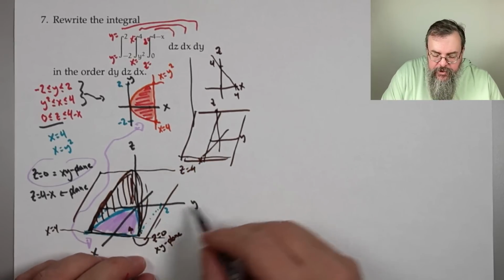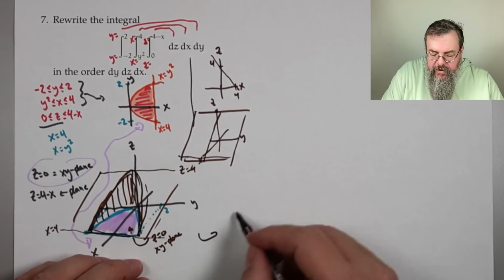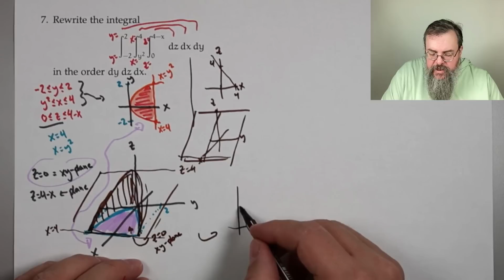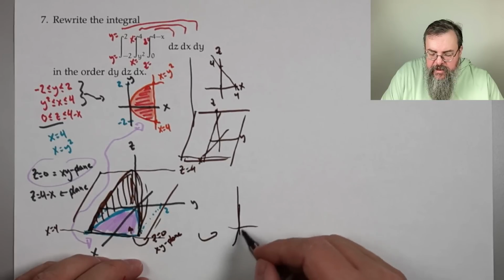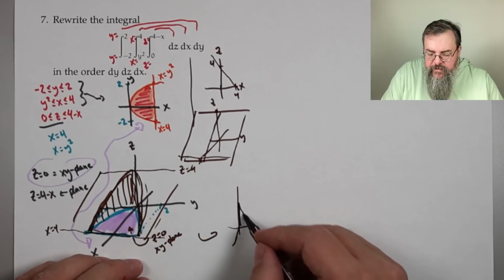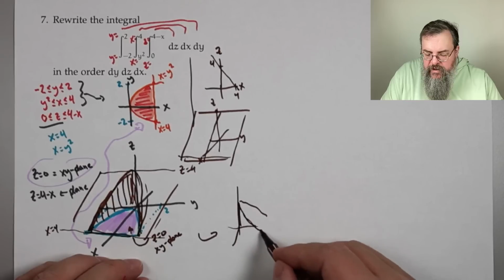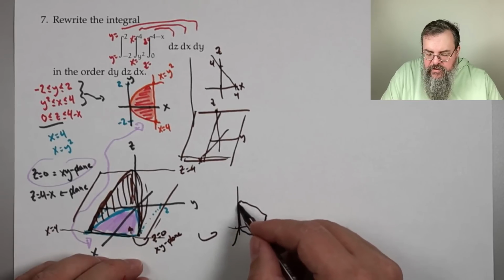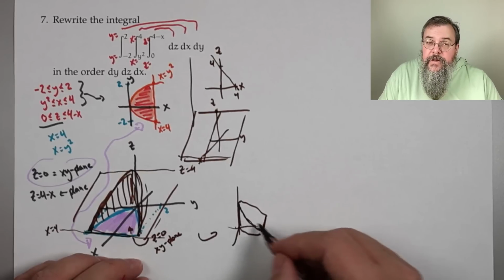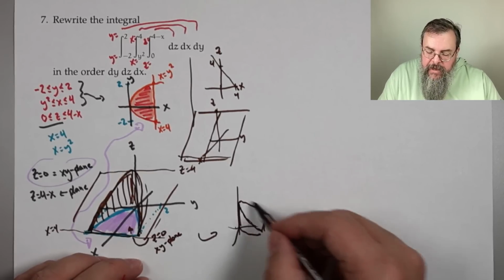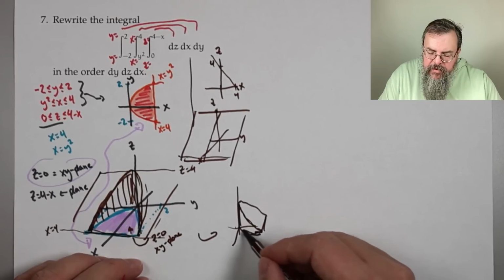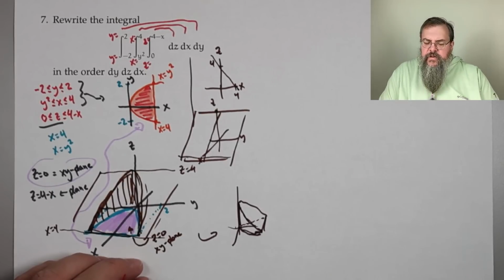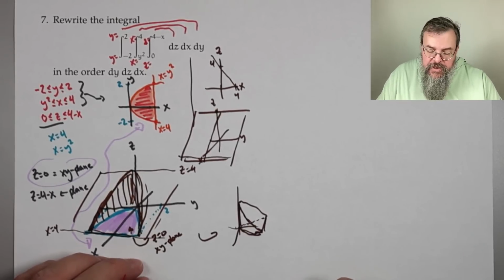If we sort of turn it a little bit, so let's say we rotate it, another way to see what's going on is we have this sort of shape going on. So it's sort of a wedge, if you will, where it has this parabola shape and it's coming in. So there's another view of our picture.